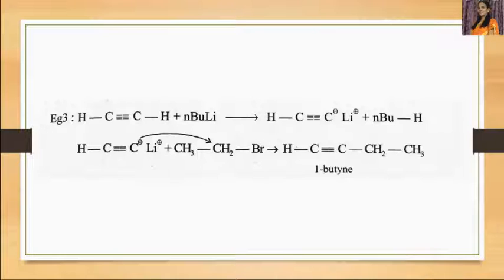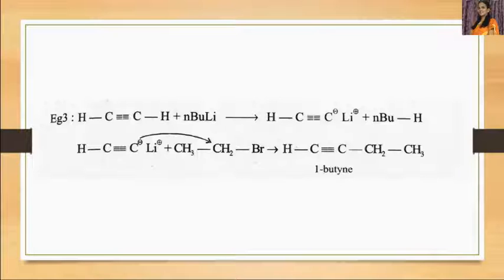Then what happens? This acetylene combines with the n-butyl lithium, this H plus is replaced by lithium, and we will get the lithium acetylide, and this is butane. n-Butane is obtained here.